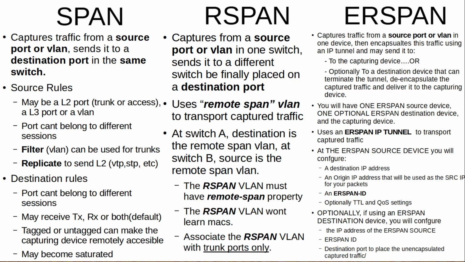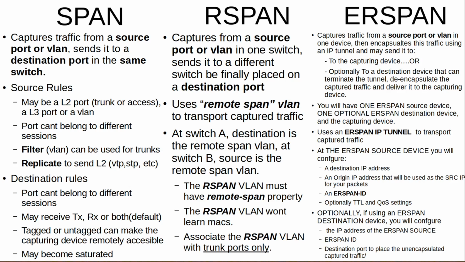Now, regarding the destination port rules, your destination port cannot belong to different SPAN sessions. Your destination port may receive traffic that is being transmitted, traffic that is being received, or both. By default, SPAN will send you both.